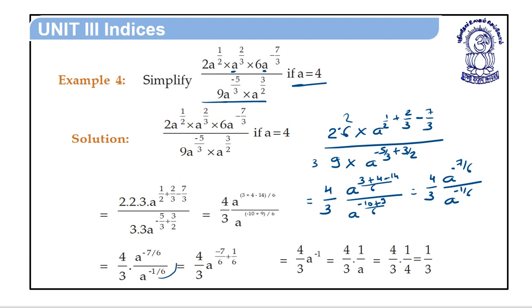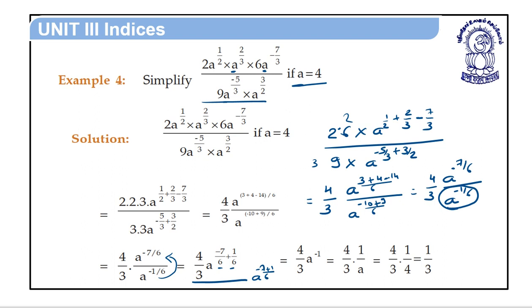Take a raised to minus 1 by 6 in the numerator. So minus a raised to minus 1 by 6 becomes plus. So 4 by 3 a raised to minus 7 by 6 plus 1 by 6. So 4 by 3, a raised to minus 7 plus 1 by 6.